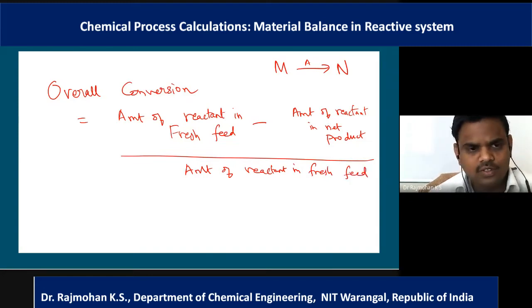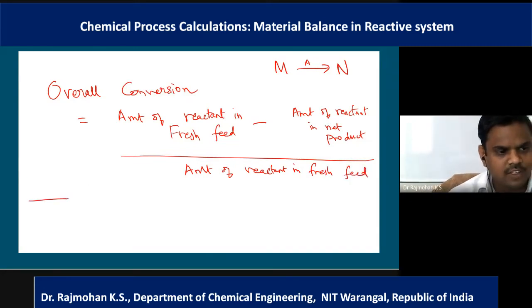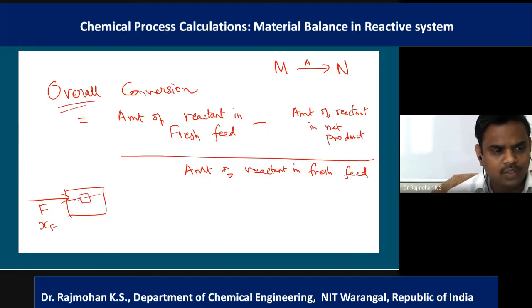Okay, all the fractions are given, right? It is given that fresh feed is F, XF is the mole fraction, right? For overall conversion we don't bother about the internal things, right? So overall we have the net product, and it is given that the flow rate is P and the mole fraction is XP. So what is the amount of reactant in the fresh feed?